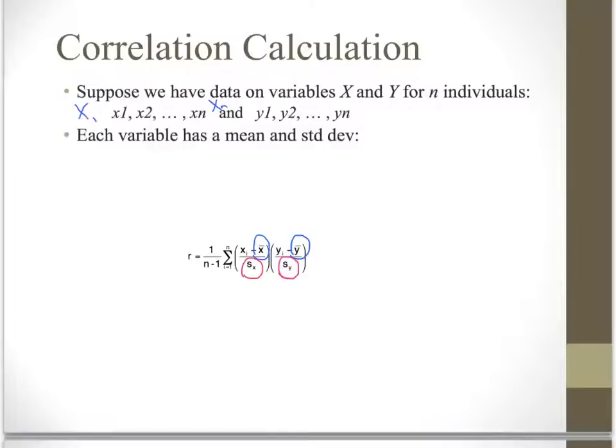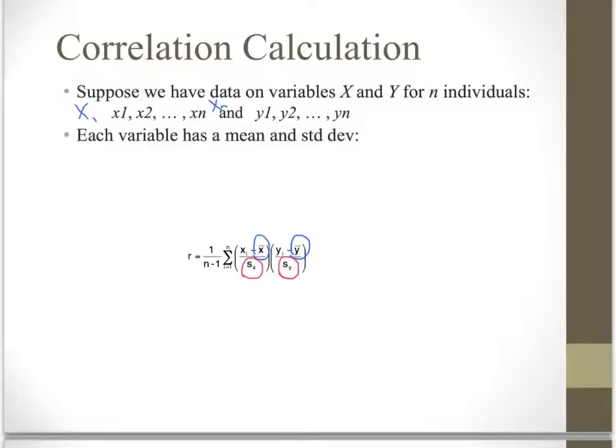And what we're going to do is look at the deviation between each x value and the mean divided by the standard deviation. We're basically standardizing the deviations from the mean for both variables and then multiplying them together. You add all those up, divide by n minus 1, and you get the correlation.